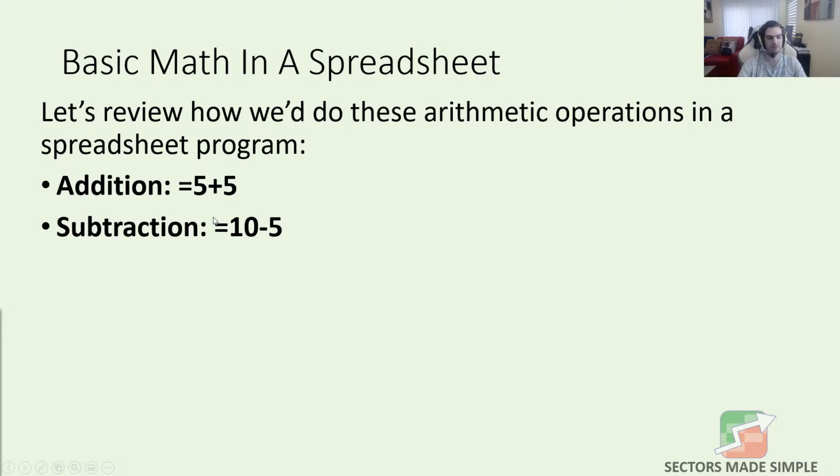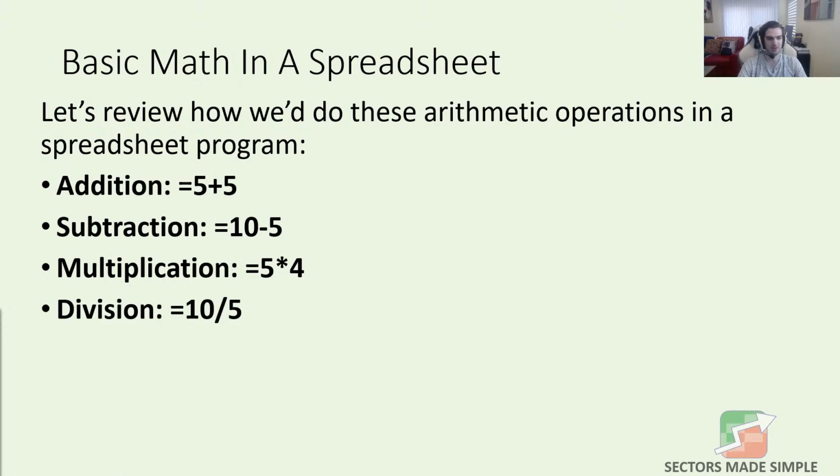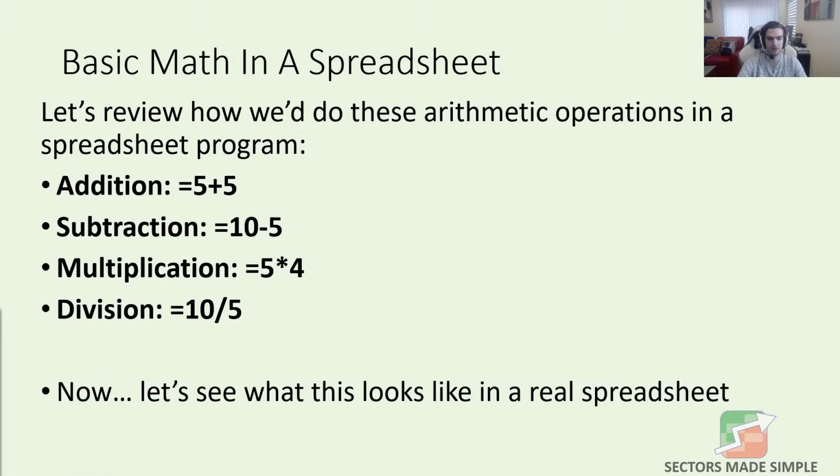The answer would be 5. Multiplication, you do equals 5, this little asterisk or star, and then 4. Division would be equals 10/5. That would give us the answer 2 because it's 10 divided by 5. And all of these can be done in a very, very simple way in a spreadsheet.